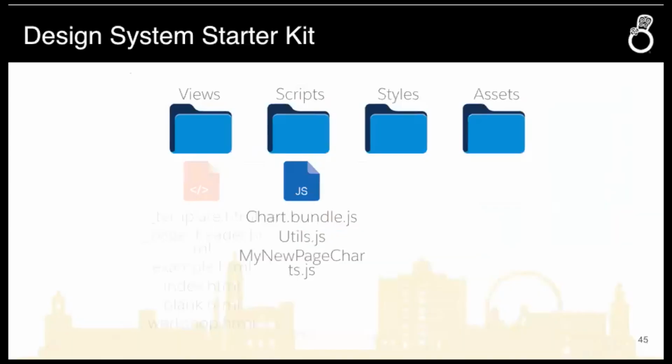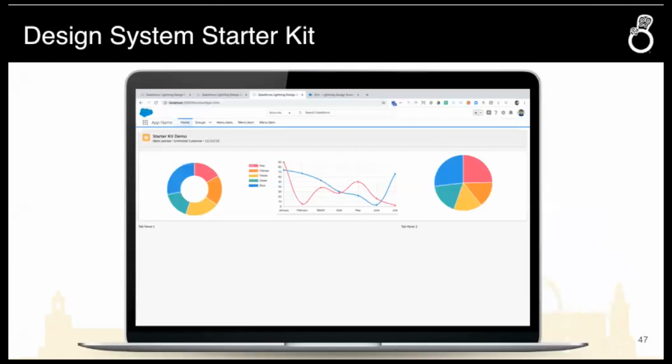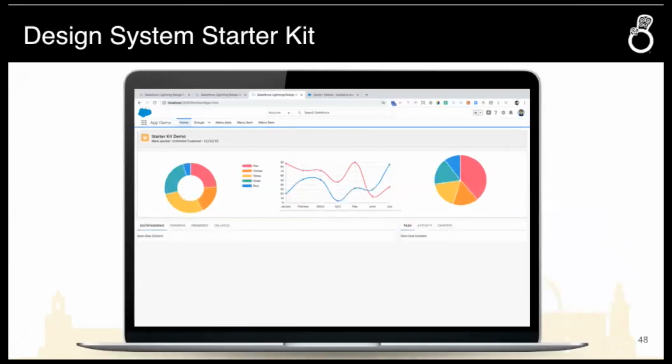I download the library and put the chart files and the JS file that will load and initiate the charts in the script folder. I copy the three charts inside the grid columns that we have already done, along with the script that will load them. And here they are. Very easy.